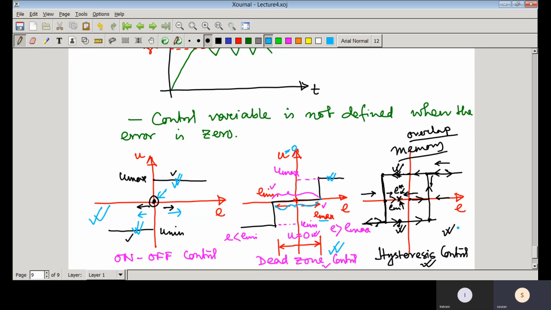And in case of hysteresis, we just allow this overlapping zone, and it follows these arrow lines, and this particular control strategy is very effective, and in many practical applications we use these types of simple control strategies.